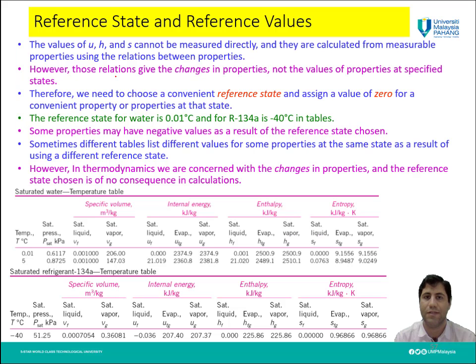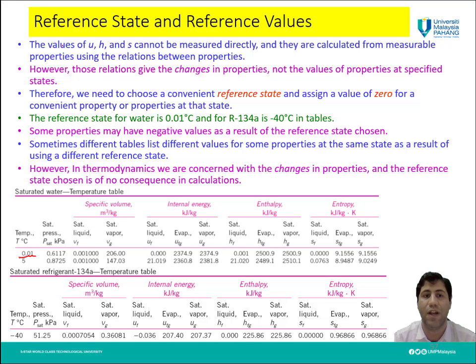The last important thing about these thermodynamic property tables is the reference state and reference values which we have in this table. If you notice in the tables which we have had up to now, you can see also here, for example, this is the saturated water temperature table, table A4. You can see here we have this reference point, which is 0.01.